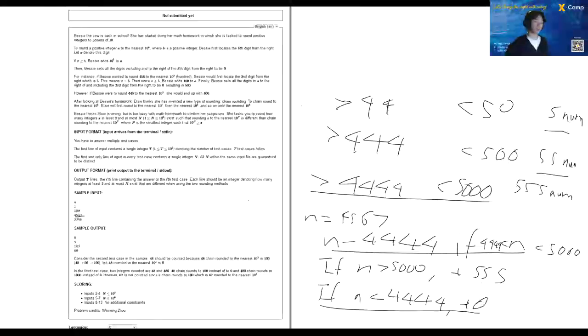Someone wrote, is an O of n solution needed? This solution is actually not O of n. It's O of log n pretty much. There are only going to be 9 computations needed. O of n is not going to pass, because n is up to 10 to the ninth, and 10 to the 9 usually does not pass.